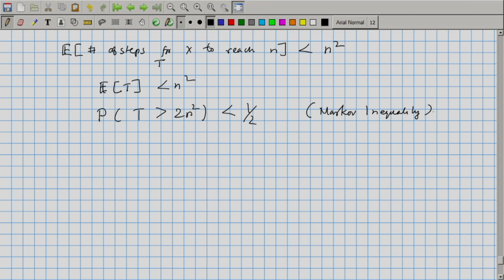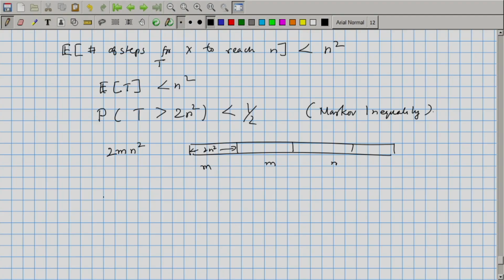So, if we repeat it for 2 times m n square steps, and if we imagine these 2 m n square steps to be broken down into m blocks, each of size 2 n square, in each of these blocks you have a less than half probability of not finding an assignment.